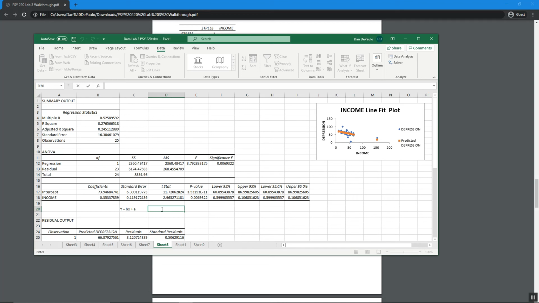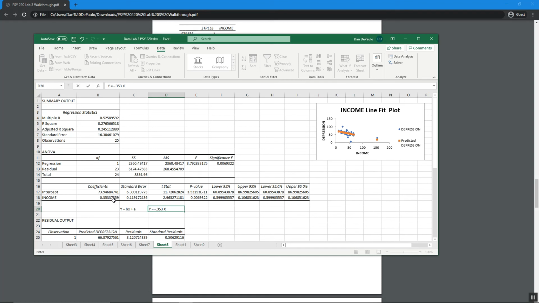I can't write y hat in this thing. I'm sure there's a way to do it. I'm not going to waste 10 minutes looking for it. So this is the predicted value of y. So this is y hat. So for this equation, it's going to be y hat equals the slope, negative 0.353, I'll leave it like that, times x, right?